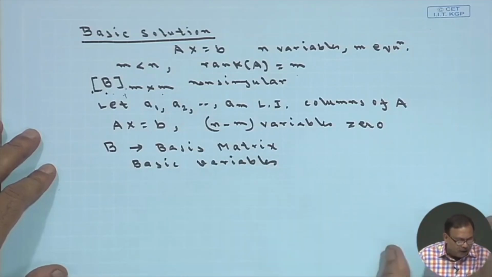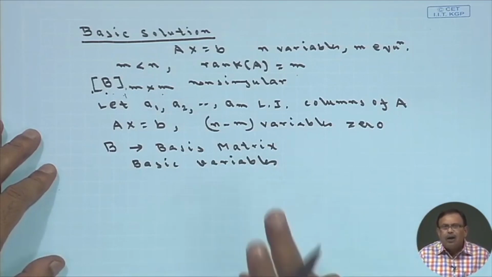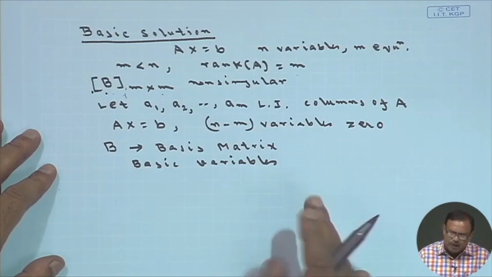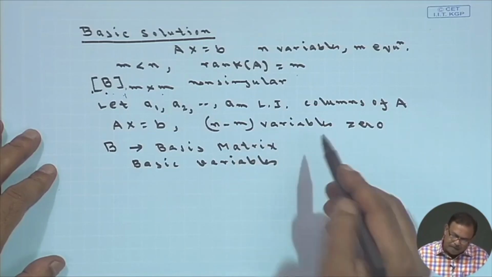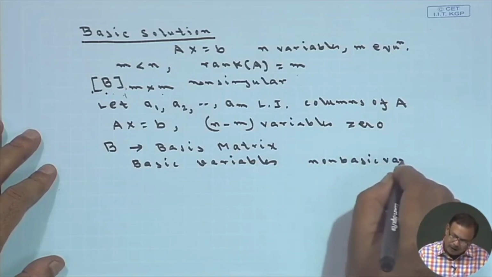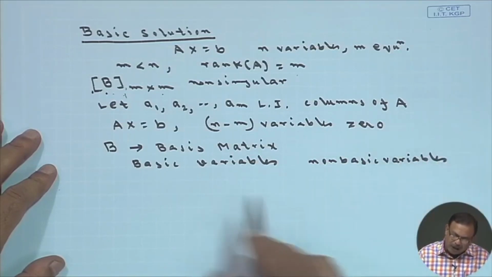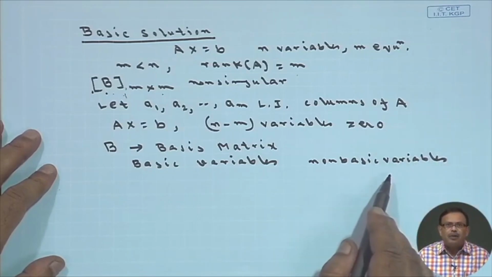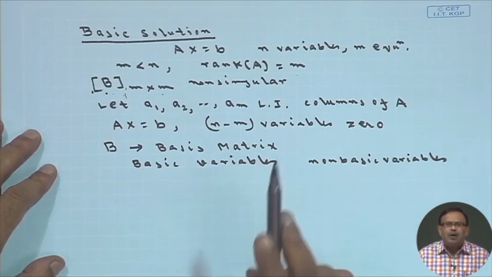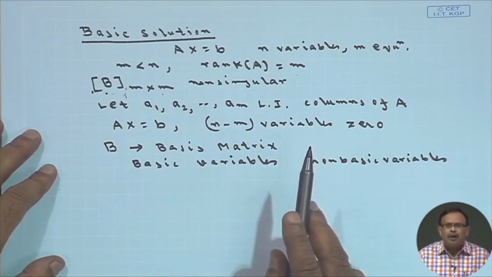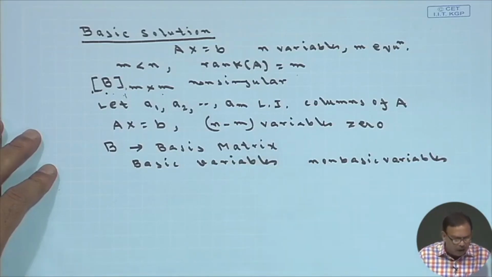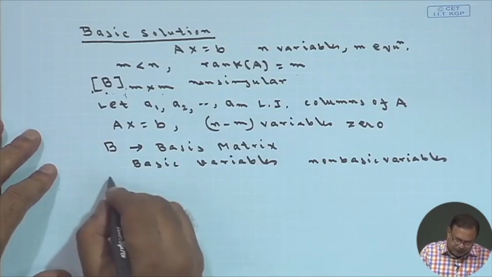The variables attached to the linearly independent columns are known as basic variables, and the remaining n minus m variables we call non-basic variables.